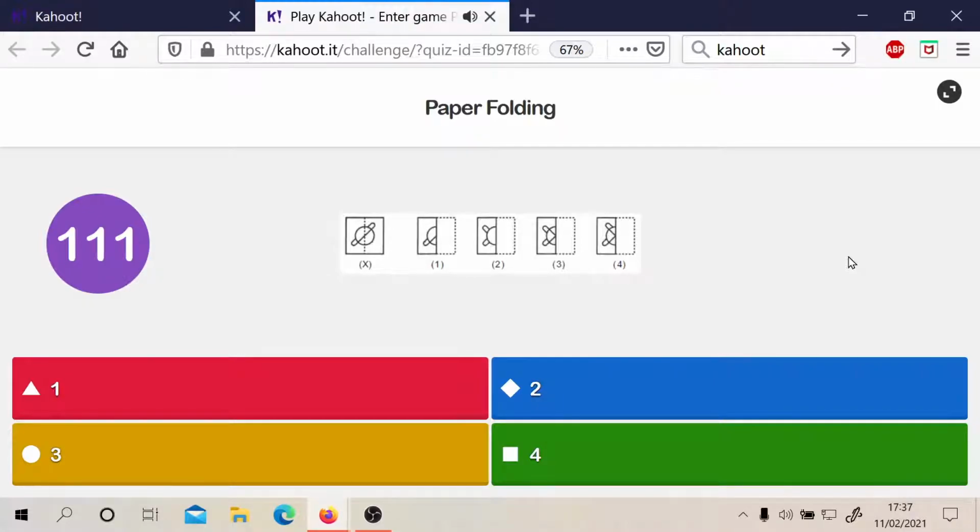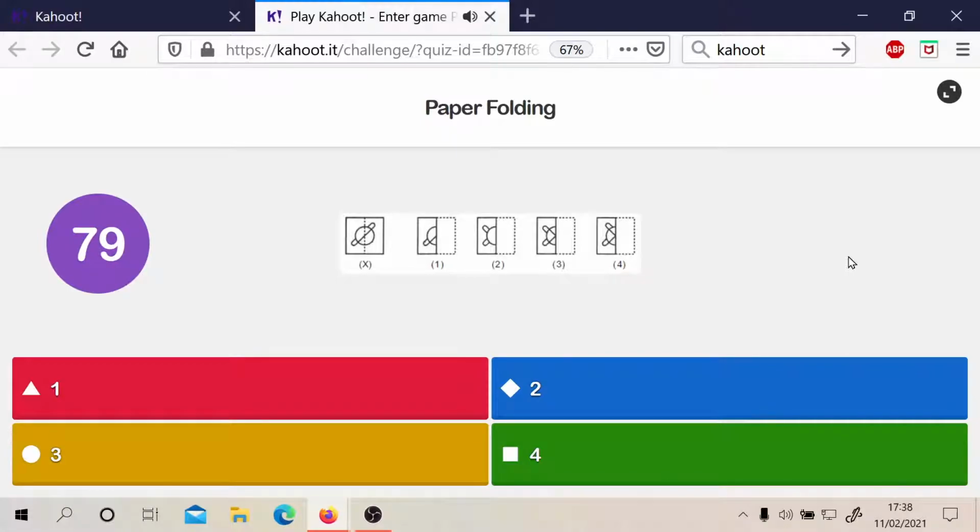Oh, man. This is tough. We folded it over, we fold it away from us, right? But it's hard to explain. Like, we'd fold the left underneath the right, I guess.